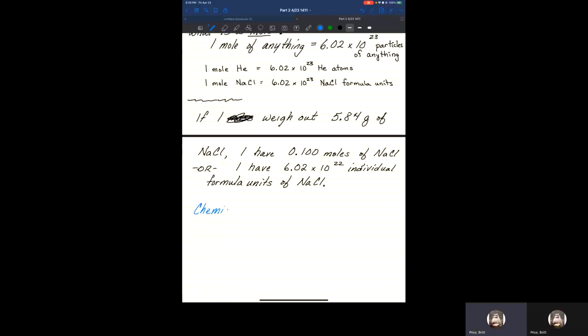Chemical reactions occur when individual reacting species collide.